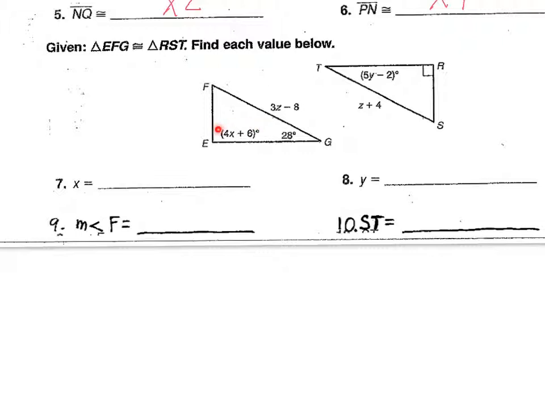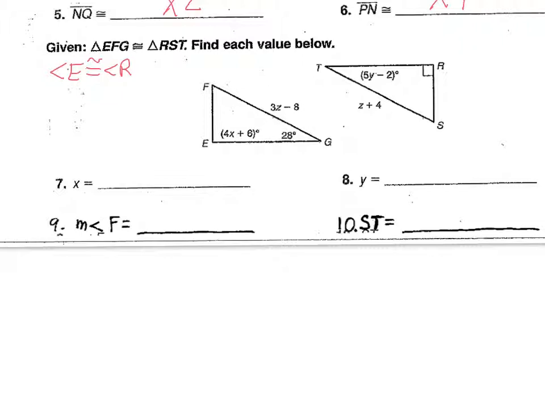The ones that have x is angle E, and with angle E, that is the same thing as angle R. See, E, same position as R. So angle E is congruent to angle R. So I can start by saying, well, angle E is congruent to angle R.